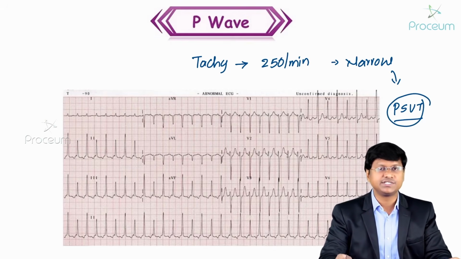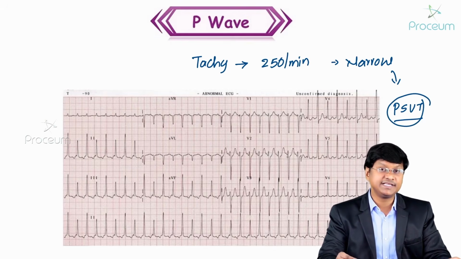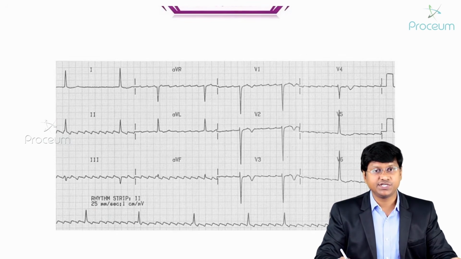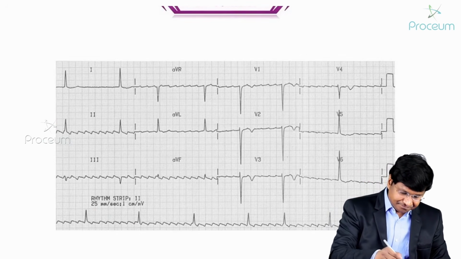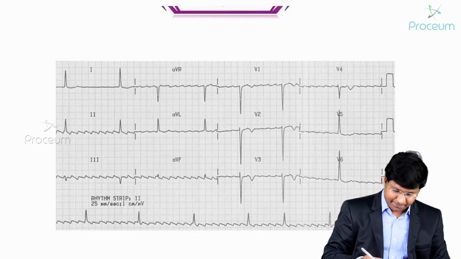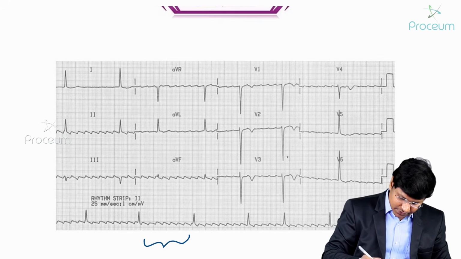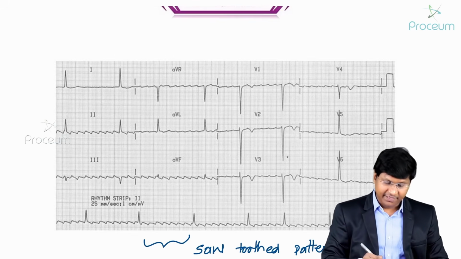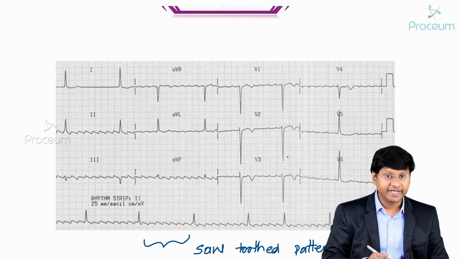Now, at this juncture, you should also know how the ECG of atrial flutter looks. If you see this ECG, you are having the P wave as a sawtoothed pattern. So this sawtoothed pattern P wave, where will you have that?